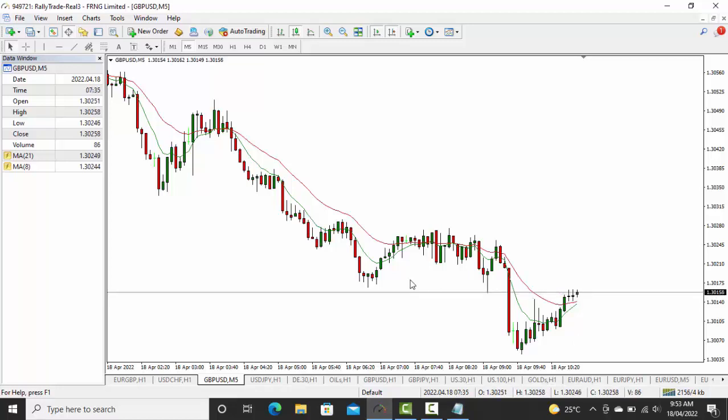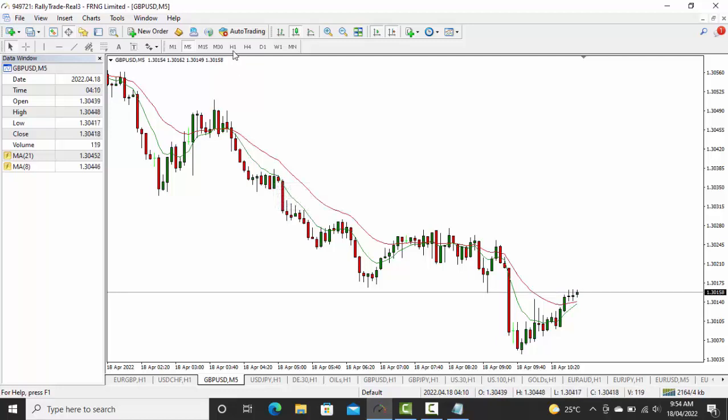Now, since I'm unable to really get an instrument that is currently looking bearish, what I'm going to do is just explain to us what we would have done. Let's say, for example, we were on our chart at this time when price was waving to the downside, and we had the 21 exponential moving average trading above the 8 exponential moving average, or the red trading above the green, telling us to take a sell.